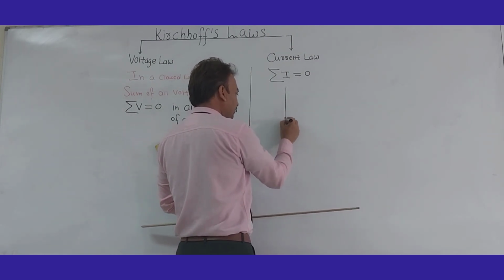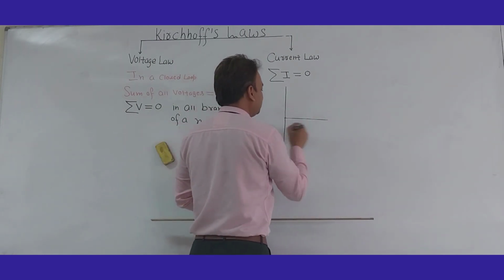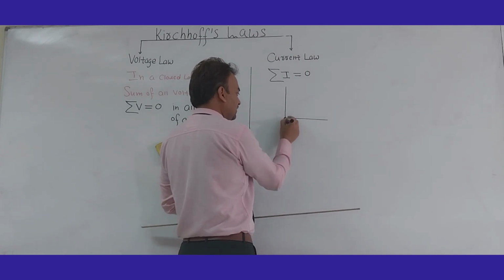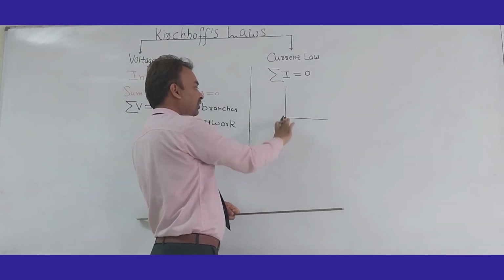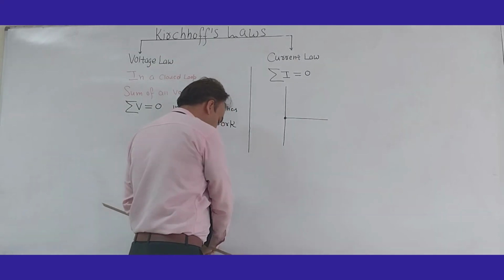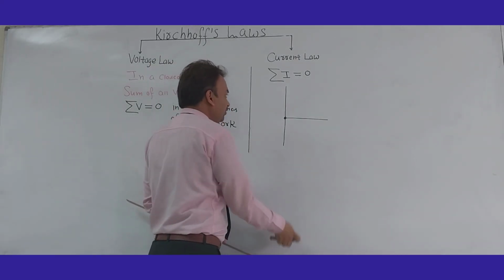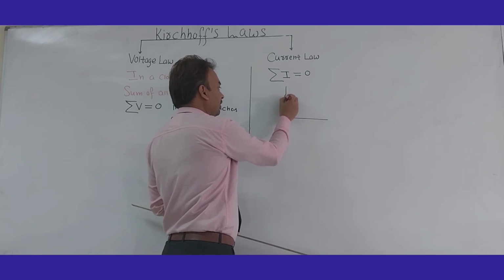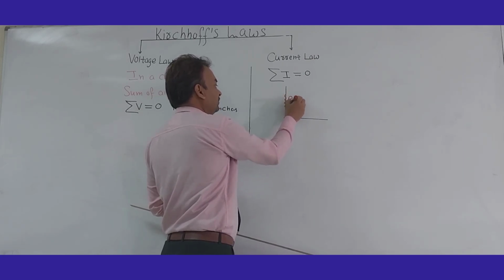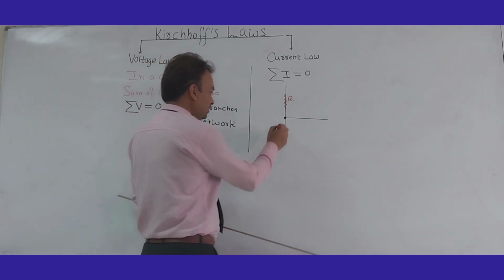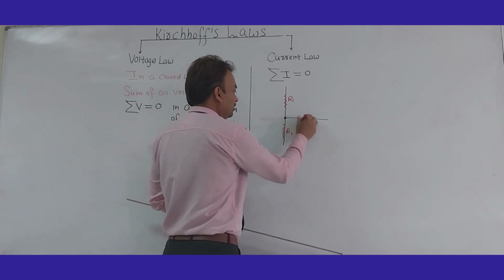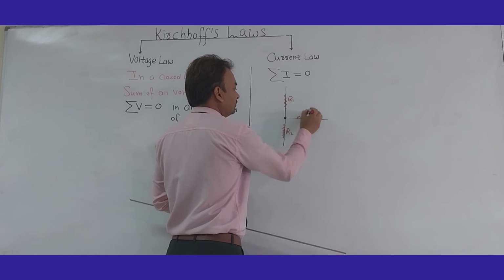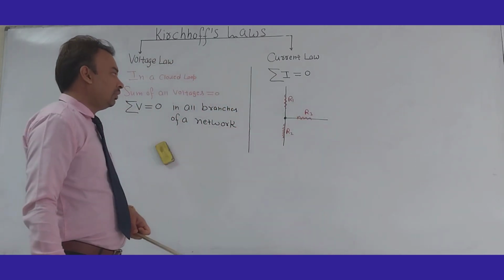So let me take an arrangement. We have this type of arrangement. This is a junction, and we have three different resistors. Suppose this is the first resistor, let me call it R1. This is the second resistor, R2, and this is the third resistor, R3.